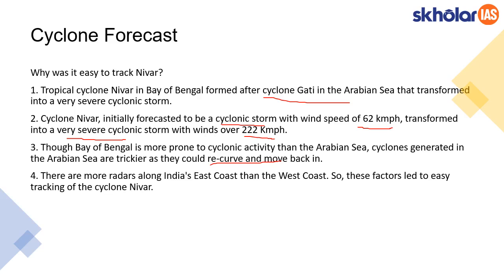So it was more possible to forecast the path of the cyclone itself. The second thing is, there are more radars along India's east coast than the west coast, that is, along the Bay of Bengal coastline than the Arabian Sea coastline. These two factors played a major role in tracking the cyclone Nivar.